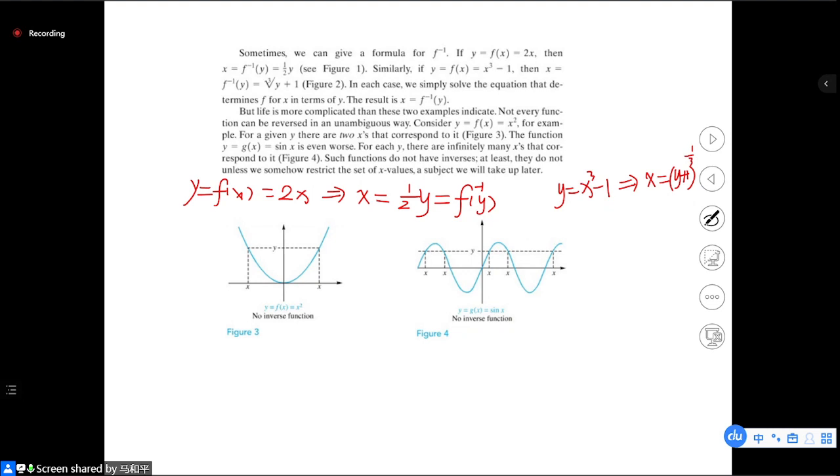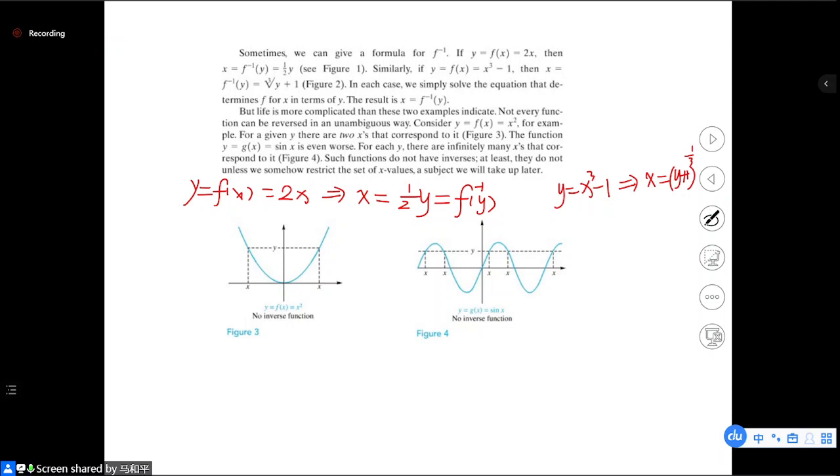In this case, we simply solve the equation that determines f for x in terms of y. This is f inverse of y.